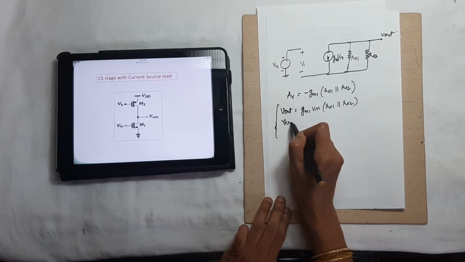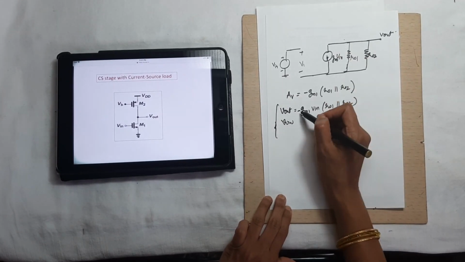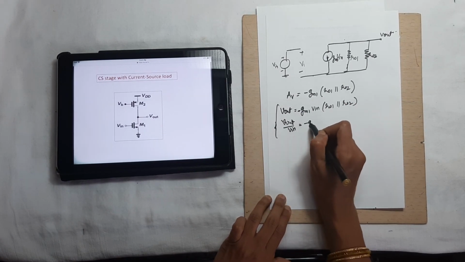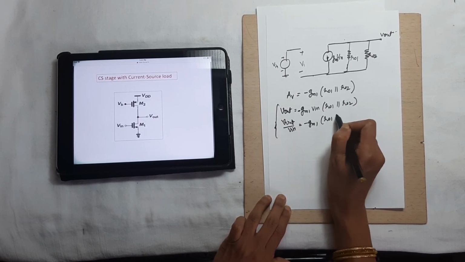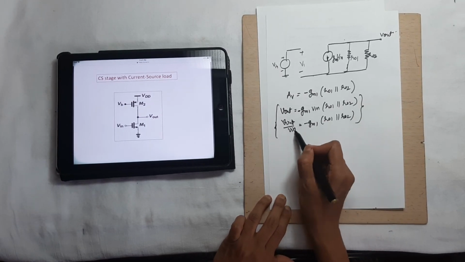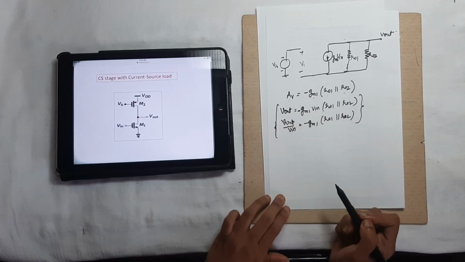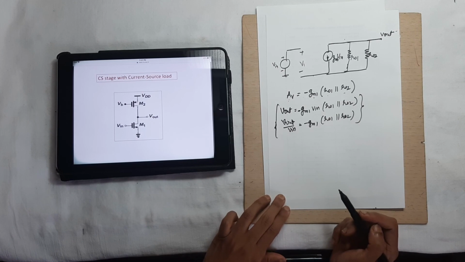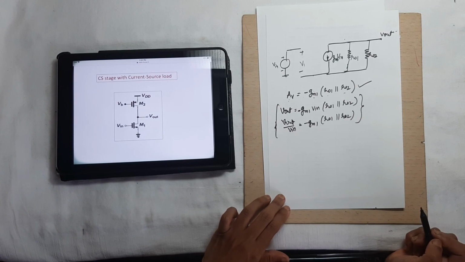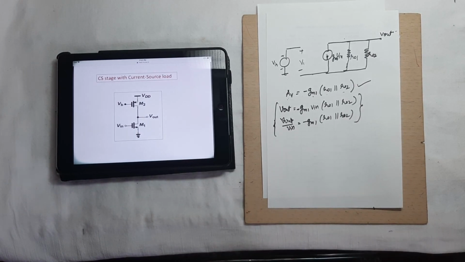Therefore, Vout by Vin is of course minus, because if you trace this, you will have a minus sign. Vout by Vin is equal to minus gm1 into r01 parallel to r02. So directly I have written it as AV is equal to minus gm1 (r01 parallel to r02). This is the expression for the voltage gain of the CS stage with the current source load.